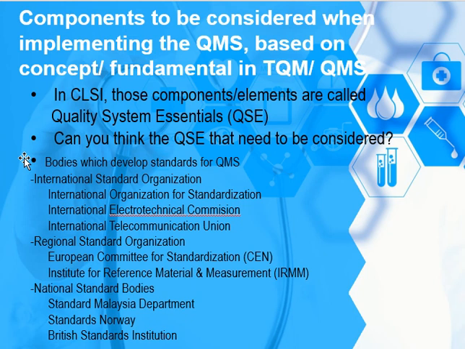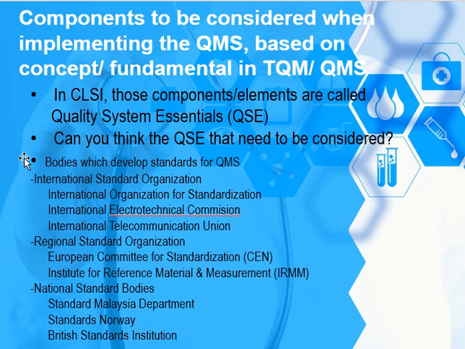Okay, after we go through the importance of implementing QMS, the benefit, fundamental, and framework, we need to think what details need to be done in order to implement the QMS. There are many components that need to be considered when implementing the QMS based on the concept or fundamentals.